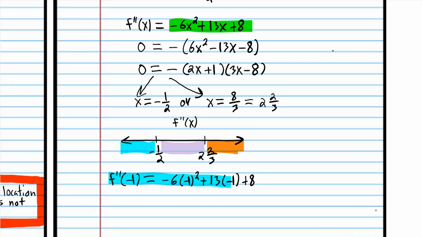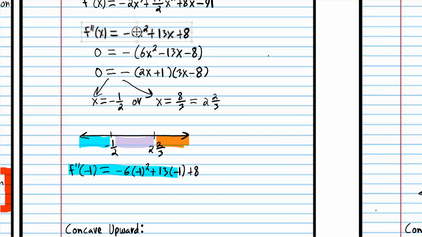We plugged in -1 to this function here. And I guess I can rewrite that whole thing above our sign chart, just so we have it right in front of us. There we go.